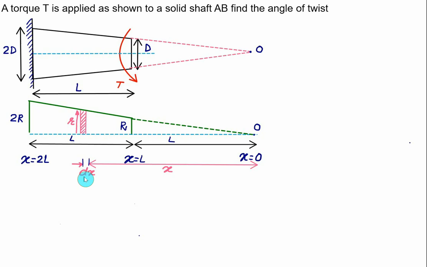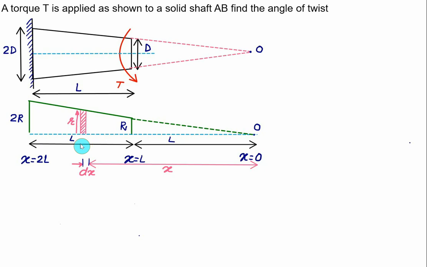So we want to develop the relation between the radius r, the distance x, and the radius R. For this one we'll consider similar triangles. The largest triangle is a right angle triangle whose height is equal to 2R and whose base is equal to L plus L, which is 2L. Then we'll consider this triangle, again a right angle triangle whose apex is at point O. Its height will be equal to r and its base will be equal to x.